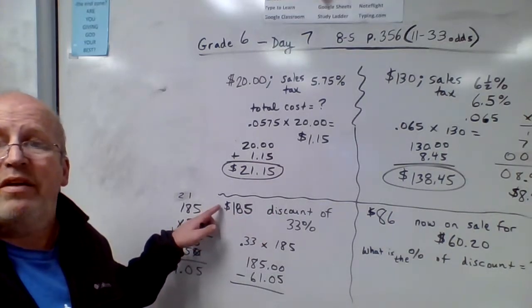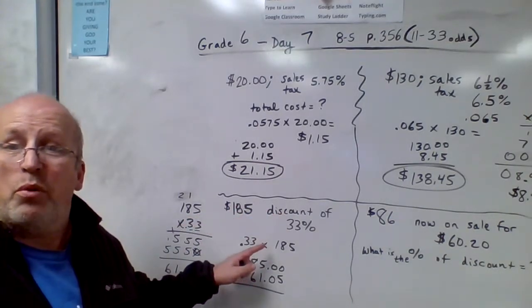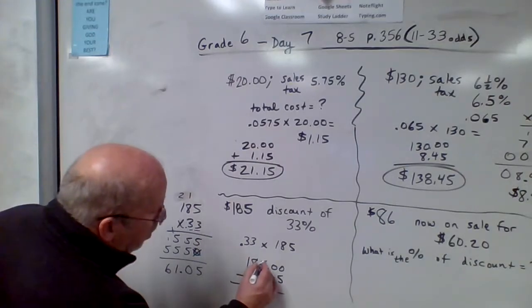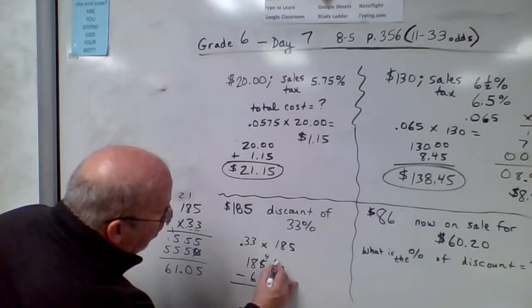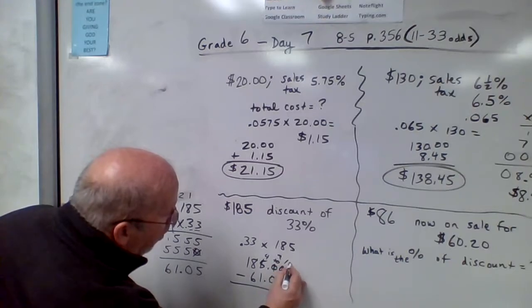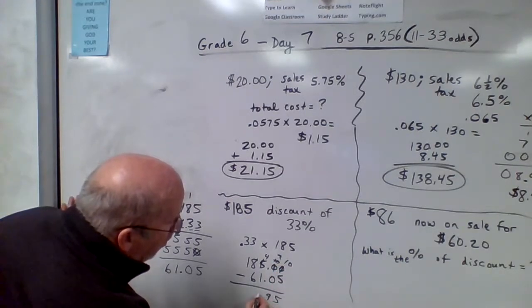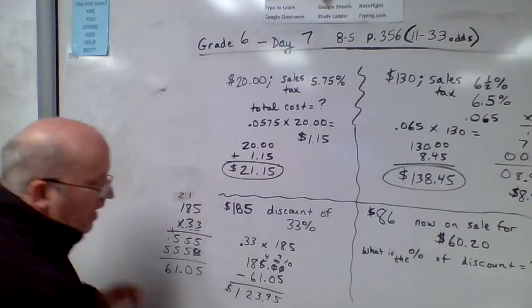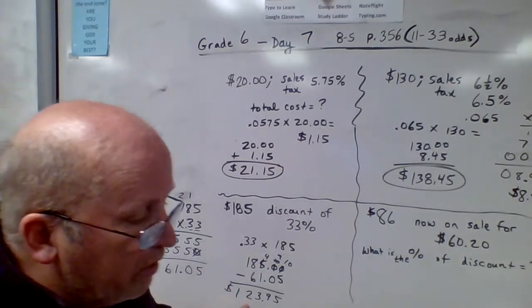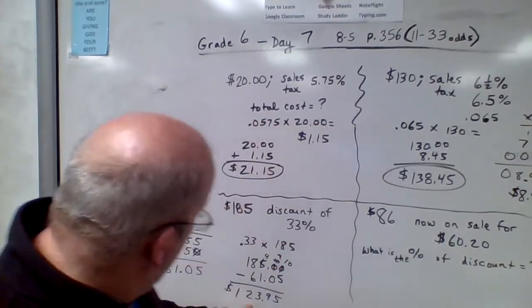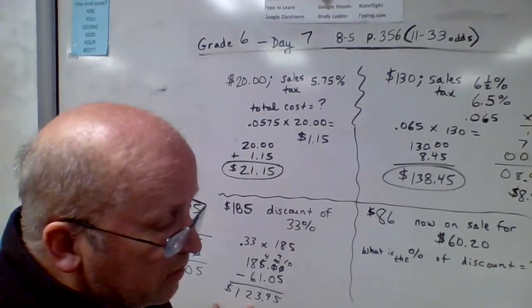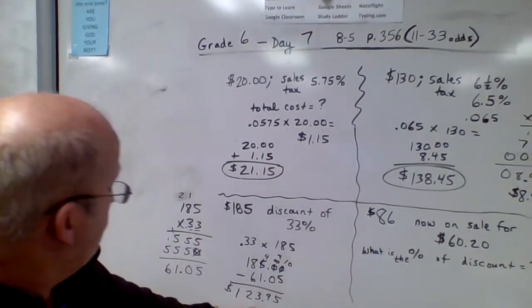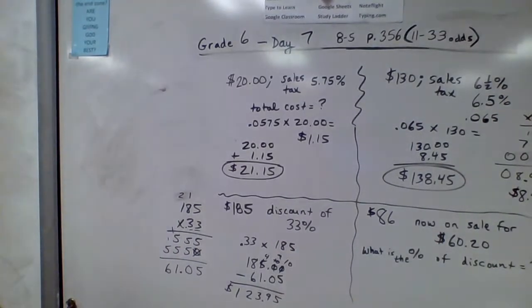We're making the price smaller by 33%. And the answer I get is $123.95.